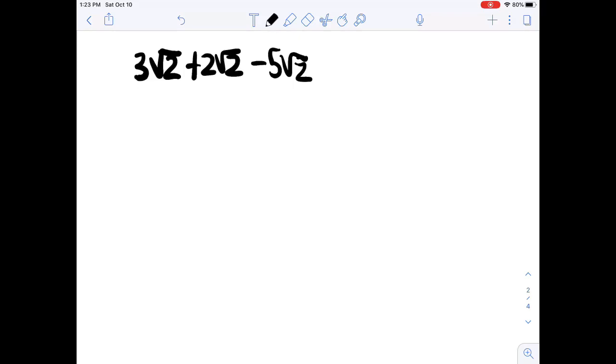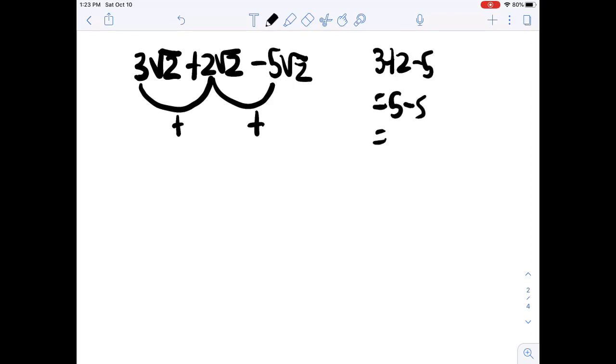When we have this, all we have to do is add the coefficients. So 3 plus 2 minus 5 is 5 minus 5, which equals 0. And so this would just be 0 times the square root of 2, which just equals 0.